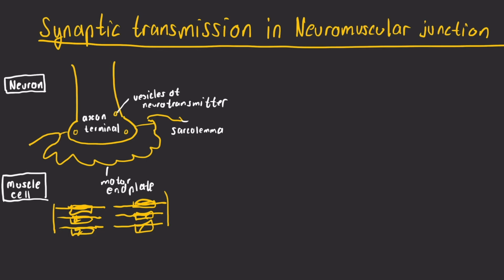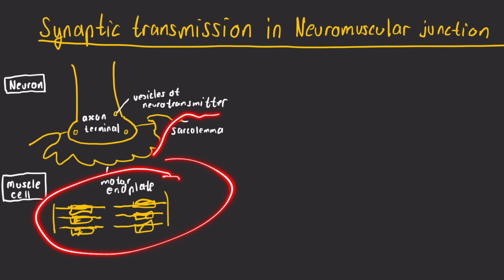So basically, this is a junction between the axon terminal, which is our lower motor neuron, and the individual muscle fiber. So think of here, this muscle over here.